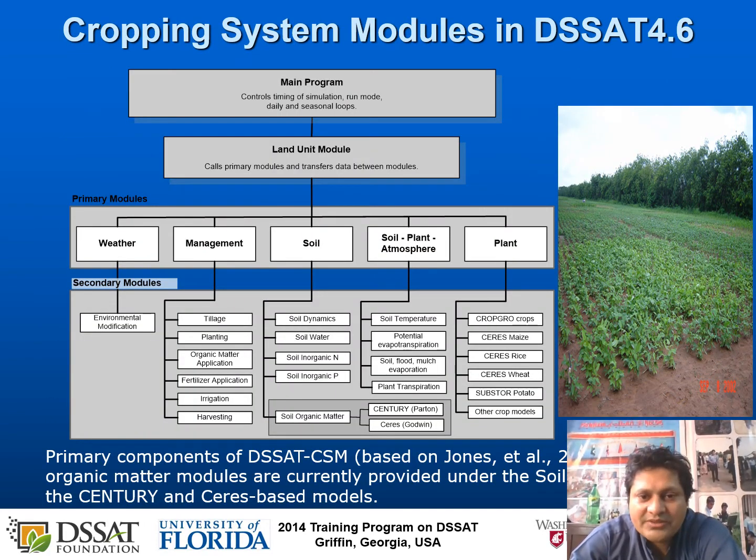These are the cropping system modules in the DSSAT main program. There is a land unit module, weather, management, soil, plant, and atmosphere. Then there are secondary modules such as tillage, planting, organic matter application, fertilizer application, irrigation, and harvesting. When we talk about the soil modules: soil dynamics, soil water, soil inorganic nitrogen, soil inorganic phosphorus, and soil organic matter.